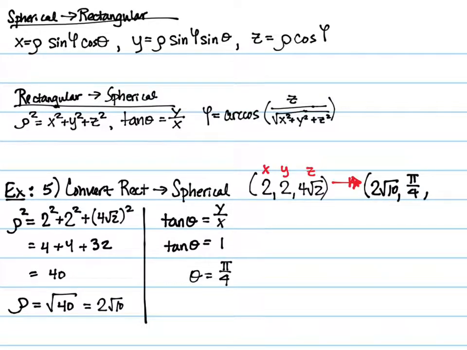And then we have phi. So phi will be the arc cosine of z, which was 4 square root 2, over rho, which we had found before as 2 square root 10.